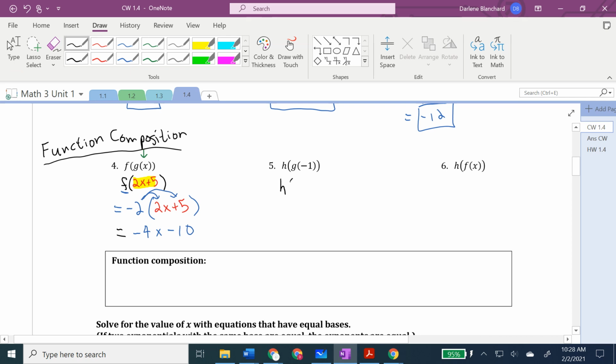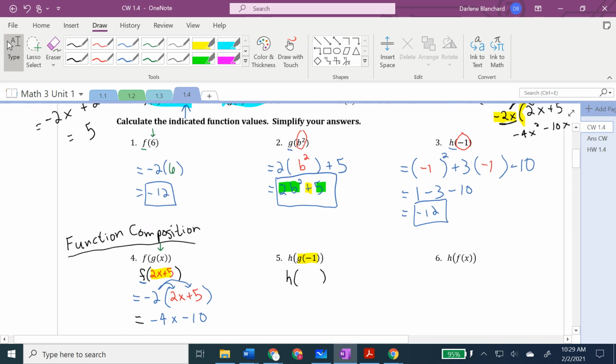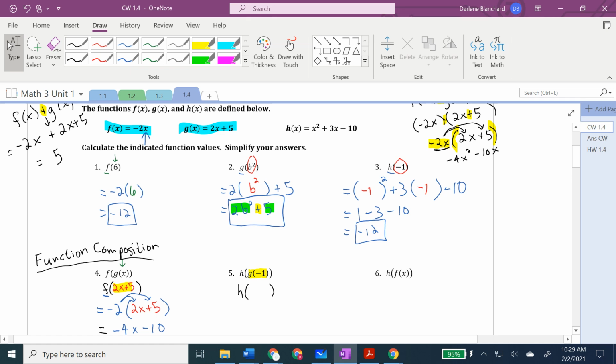What I'm going to do is I'm going to write h of, and then I'm going to go all the way inside and look at what's there. G of negative 1. I want you to think about it. Do you think you know what you need to do? I'm going to bring this down where we can see everything we're working with.